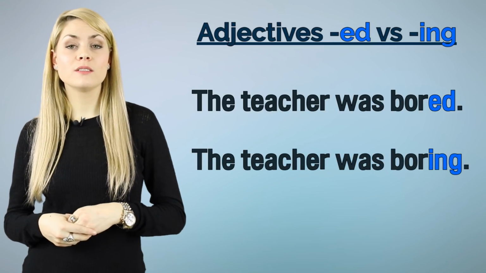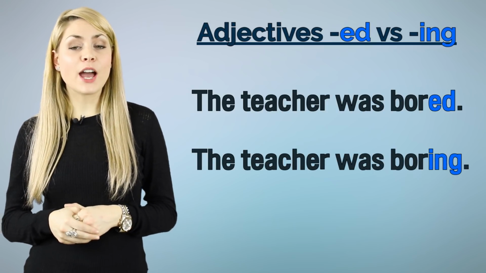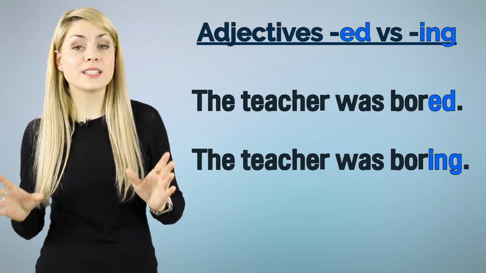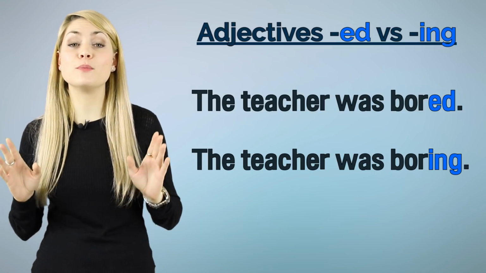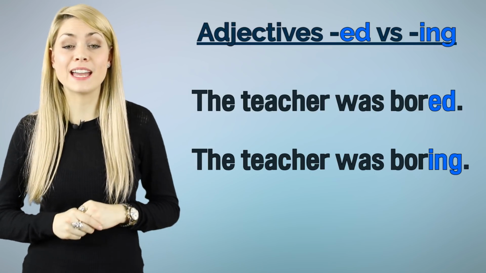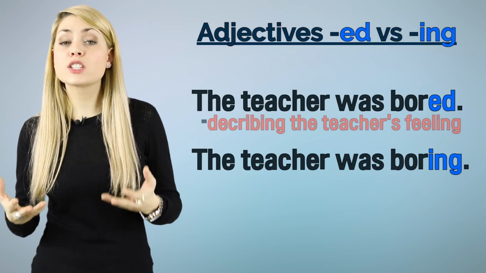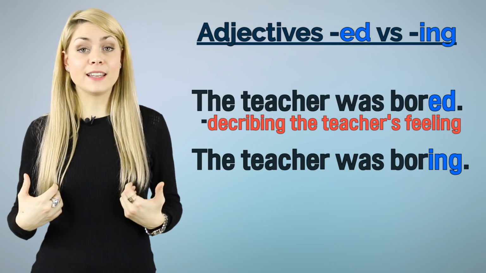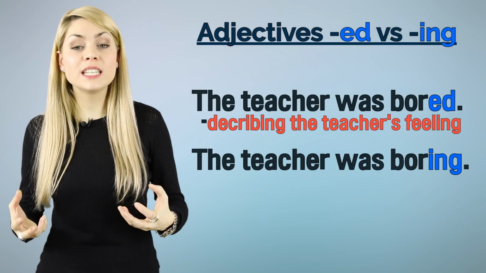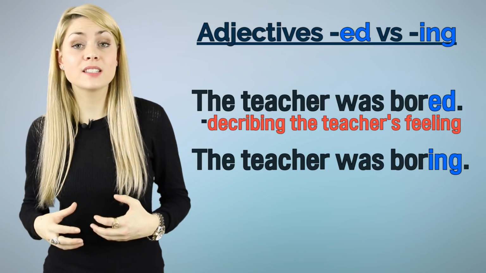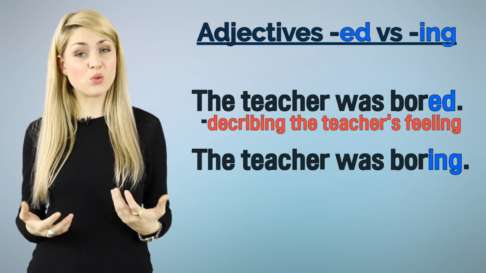The teacher was boring. Now, you really have to understand the difference between those two because the meaning is not the same at all. When you say the teacher was bored, you are describing the teacher's feeling. Okay, that's how the teacher felt at that time, he or she was bored.